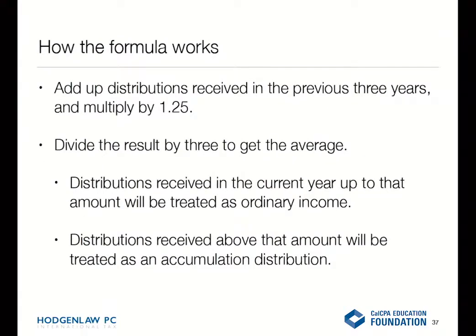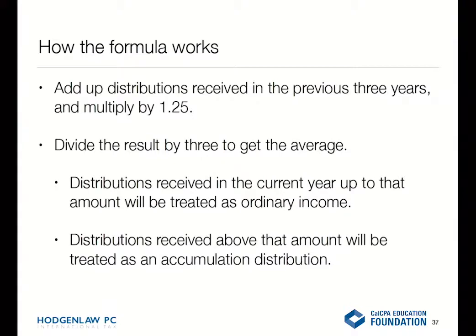So if you have an accumulation distribution, you use this formula to figure out how much is the accumulation distribution and how much is, quote, current income. So you add up the distributions received in the previous 3 years, and then you multiply the result by 1.25 or 125%. Then you divide the result by 3 to give you the average.